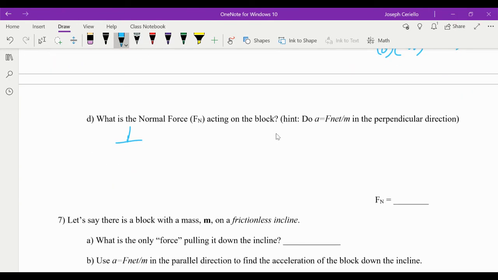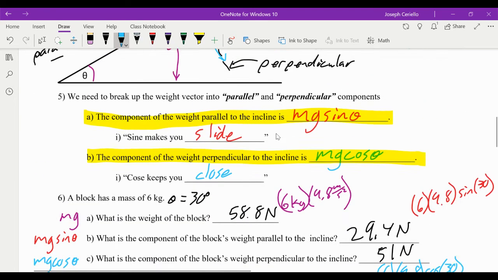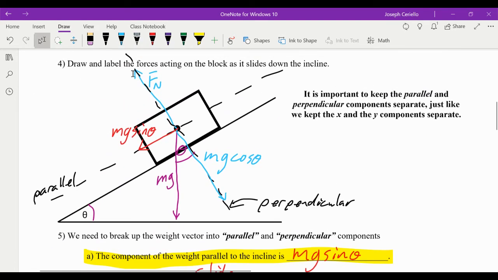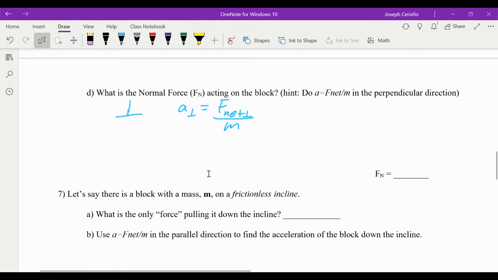So I have a perpendicular equals F net perpendicular over mass. Now the acceleration perpendicular, well, let's think. Is it accelerating at all in this direction, away from or into the incline? No. So a perpendicular is going to be 0.